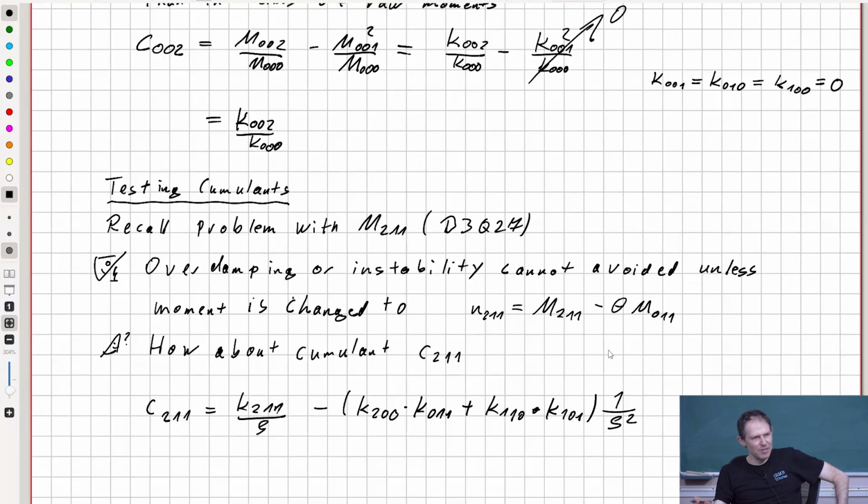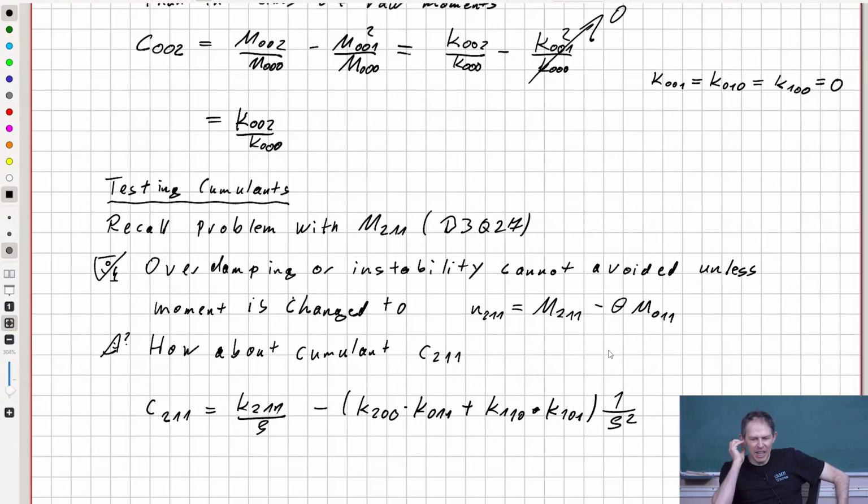So now this is a difference, because what you see here is the products of all sorts of moments coming up. This is not the case when you transform raw moments to central moments, but it comes up when you transform moments to cumulants.